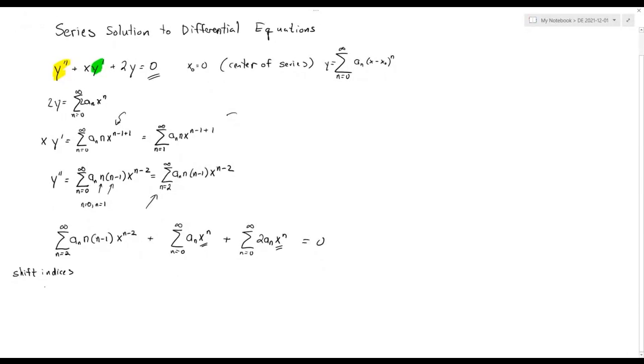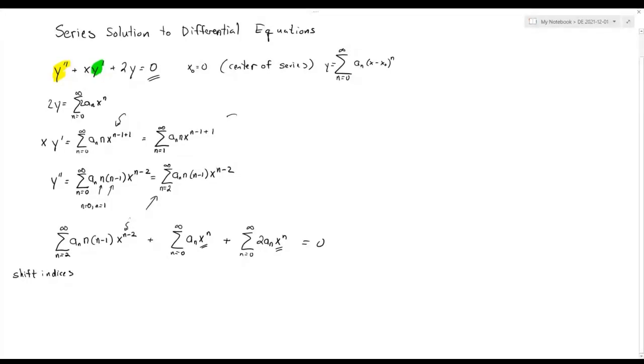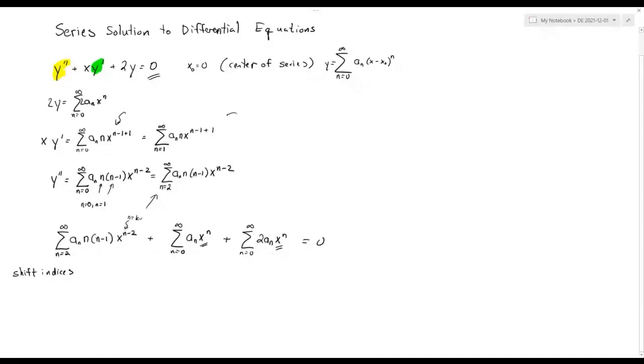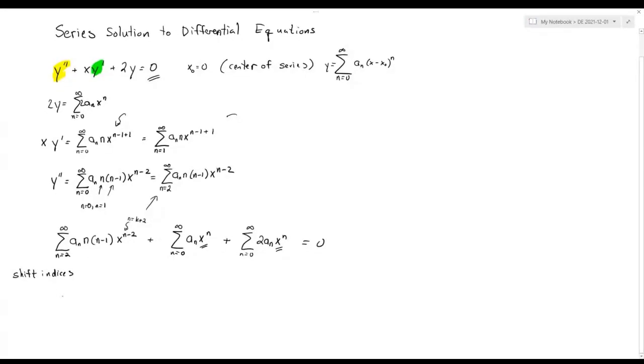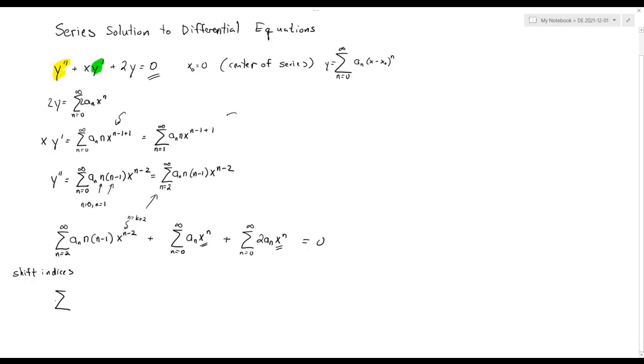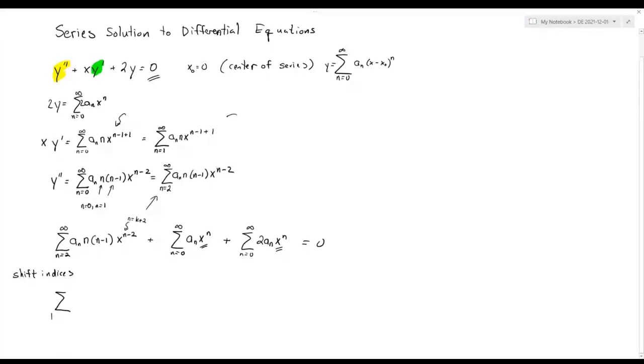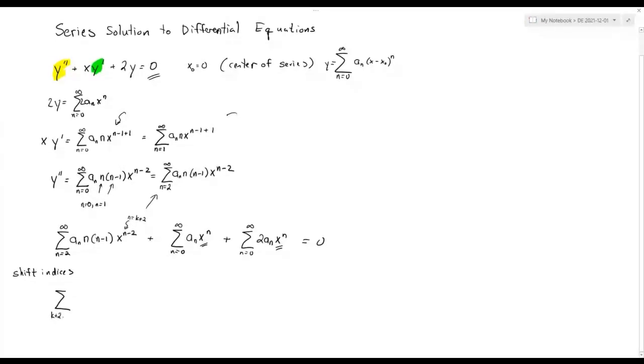We want to replace n with, let's say, k plus 2. So replace everywhere you see an n, we can say that it's equal to k plus 2.